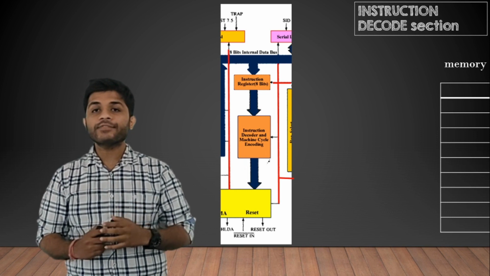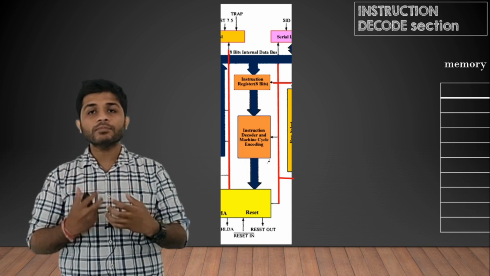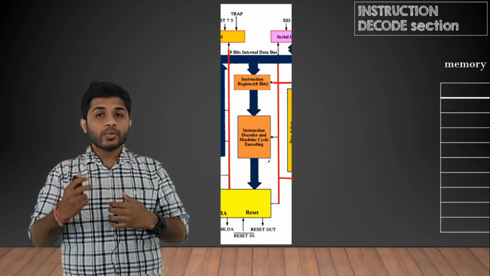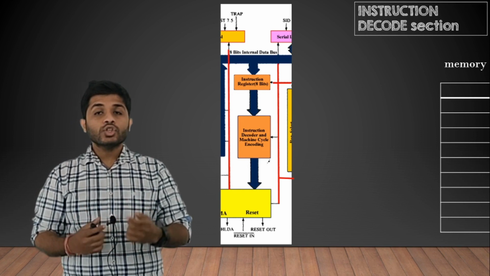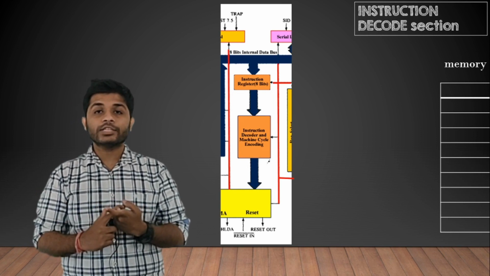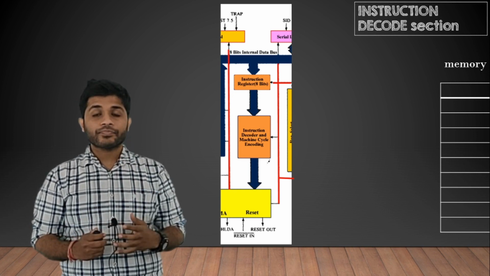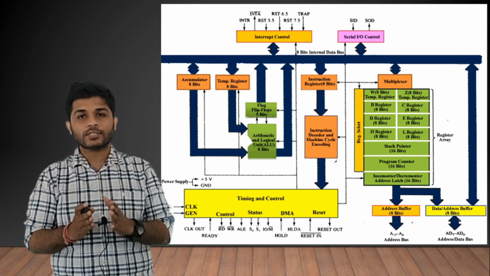By sending different control signals, different blocks within the microprocessor will perform some task, and together the instruction will be executed. So to fetch, decode and execute one instruction, these blocks are used. And this is it for the block diagram of the microprocessor 8085.